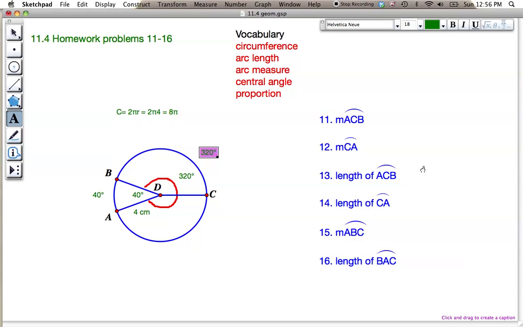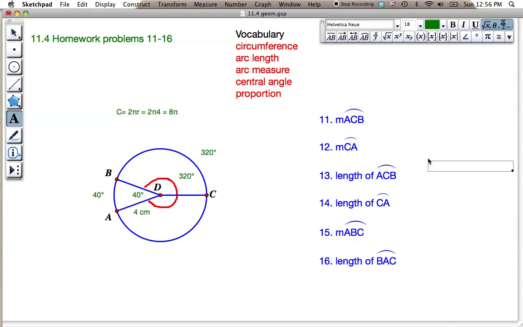So we can set up an equation with these proportions. 320 degrees over 360 degrees should equal the arc length which we wish to find, let's just call that lowercase a, over our total circumference. Our total circumference is 8 pi.